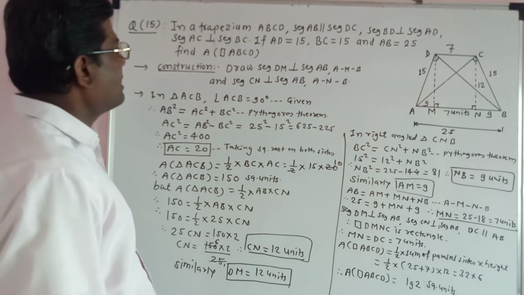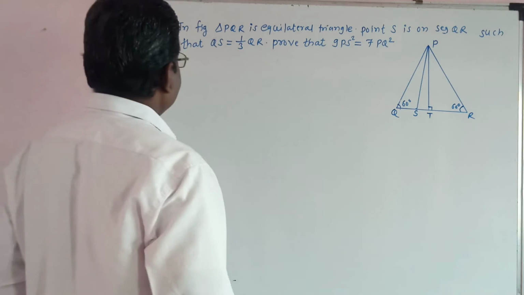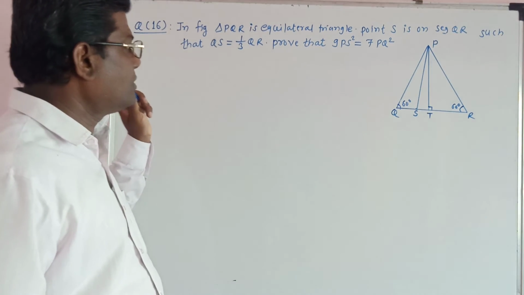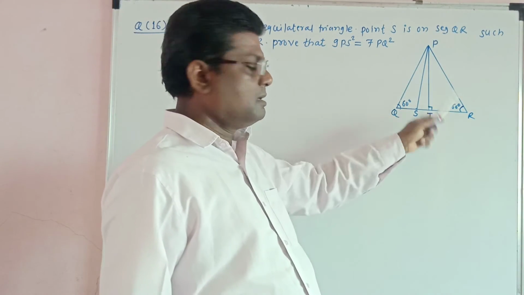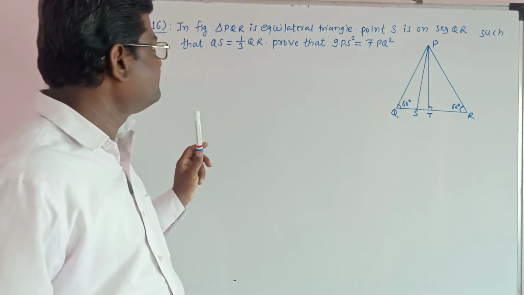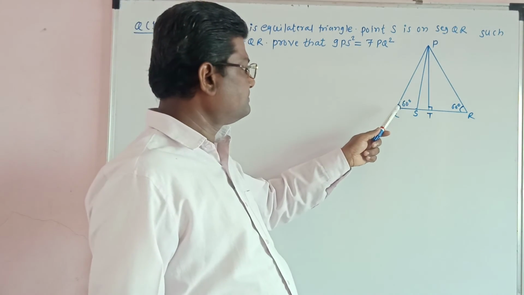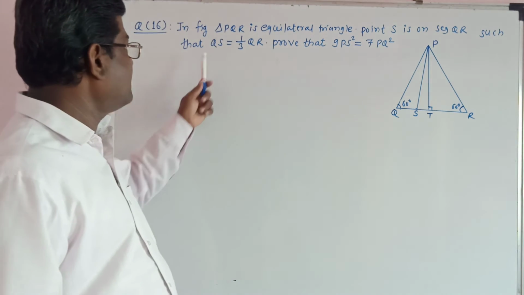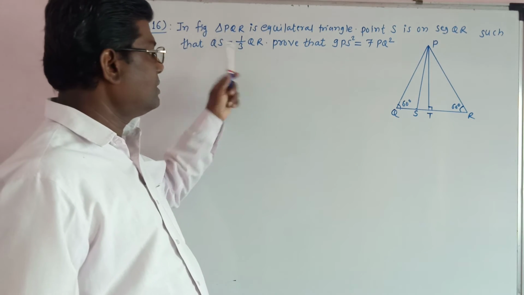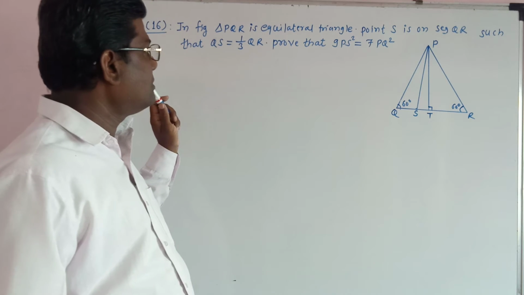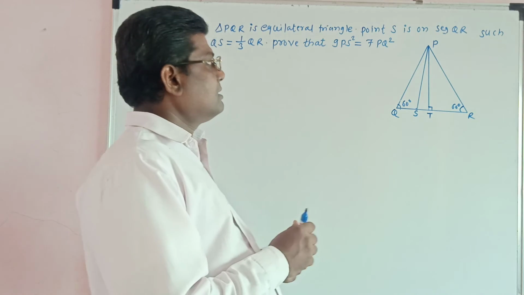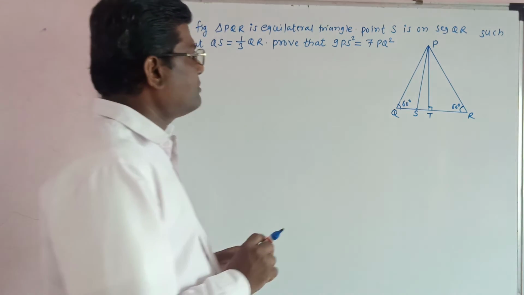192 square units. Question number 16. In the figure, triangle PQR is an equilateral triangle. Point S is on segment QR such that QS is equal to 1 upon 3 into QR. Prove that 9 PS square is equal to 7 PQ square.